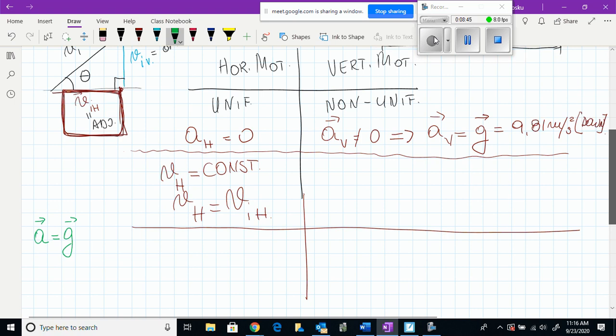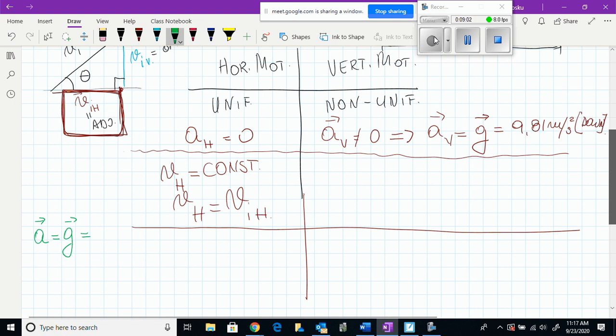It is everywhere, but we cannot throw a projectile at the surface of the moon or another planet, so we will consider this to be 9.81 meters per second squared going down.